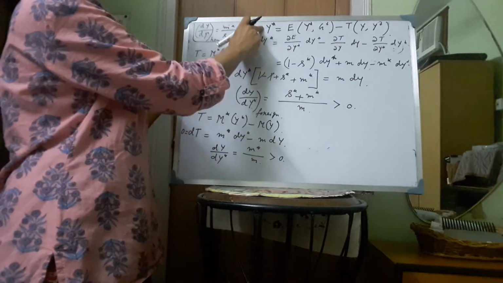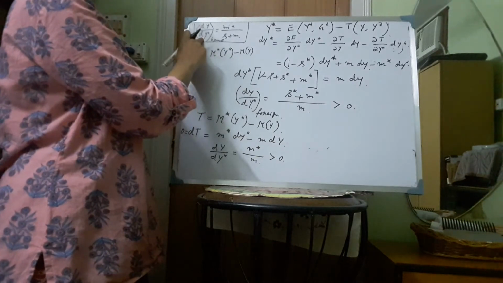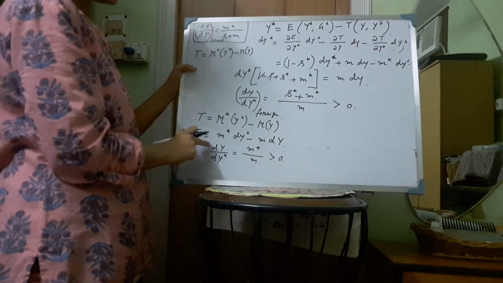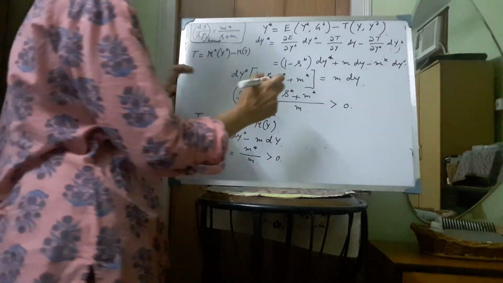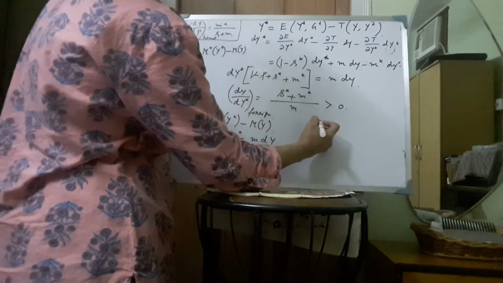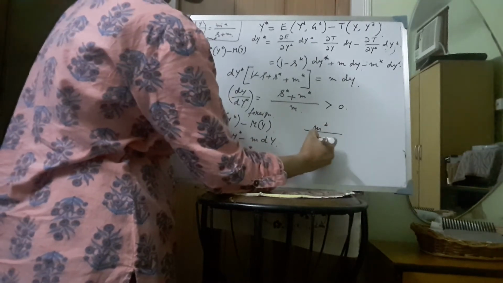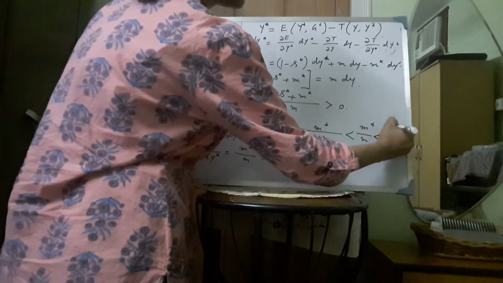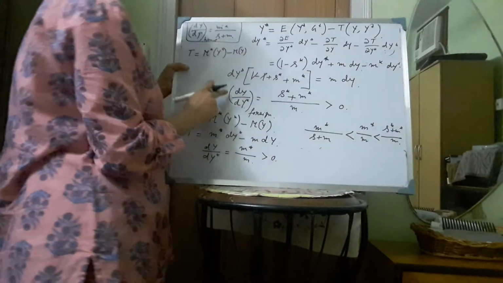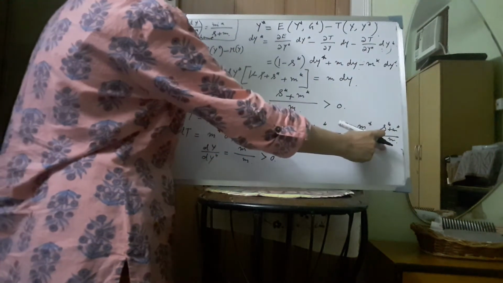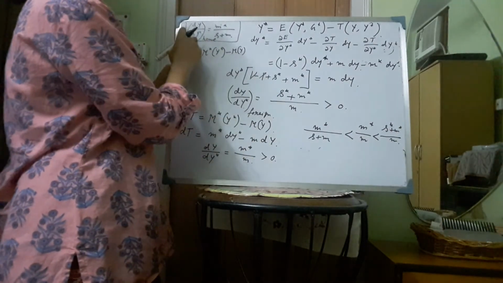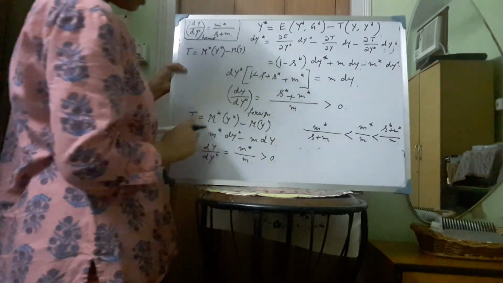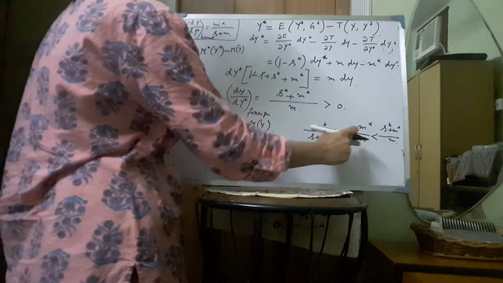When the trade is in balance, then we are getting that dy by dy star is equal to M star by M. Now if we compare these three dy by dy star, then we can say that M star over (S plus M) is less than M star by M, which is less than (S star plus M star) divided by M. So dy by dy star for the foreign country is the steepest, and dy by dy star which we are getting from the home country's equilibrium condition has the flattest slope, and dy by dy star that we are getting from the trade balance is in between these two values.